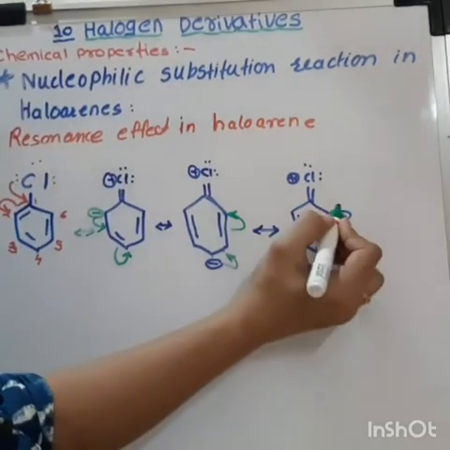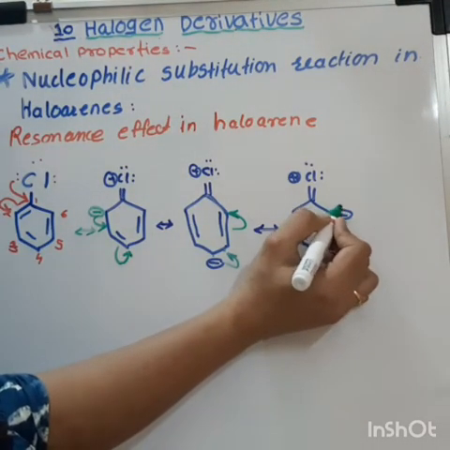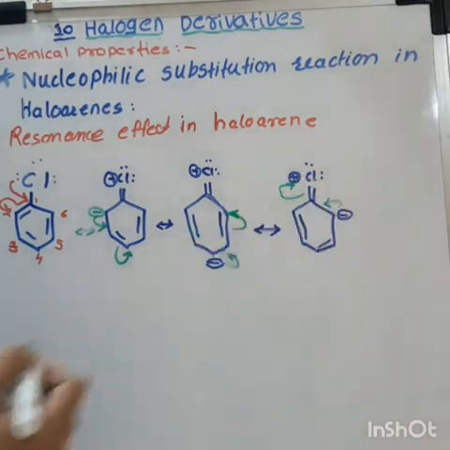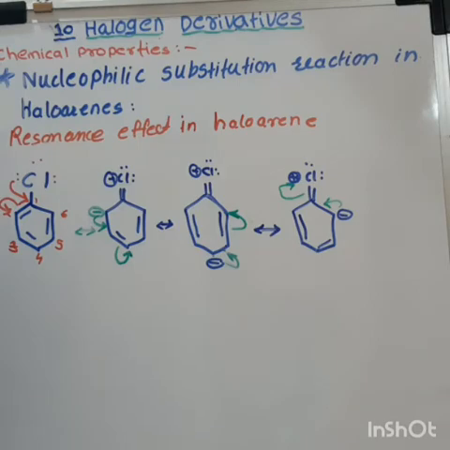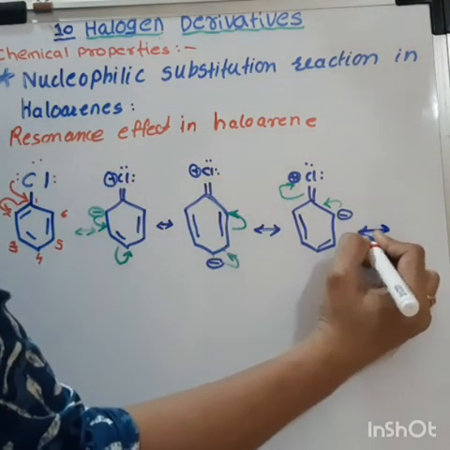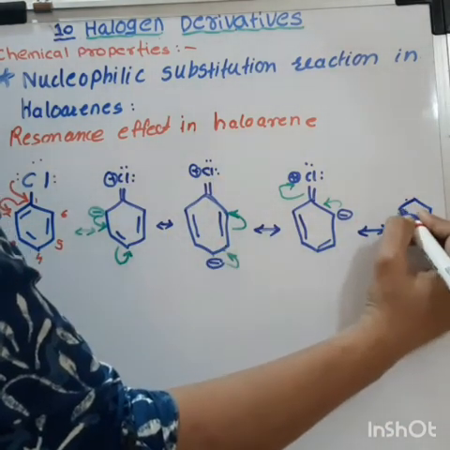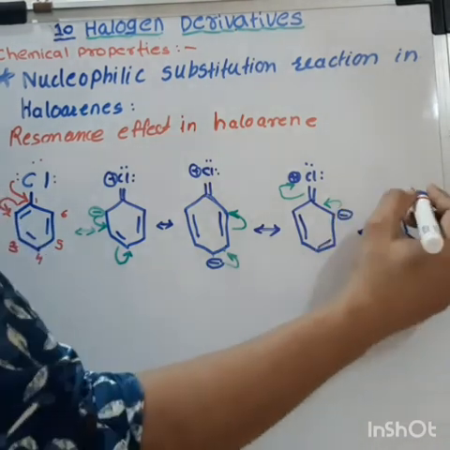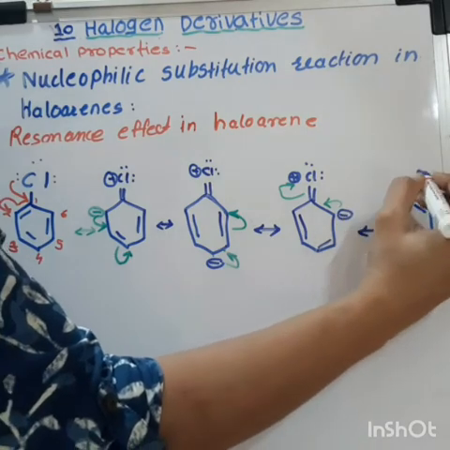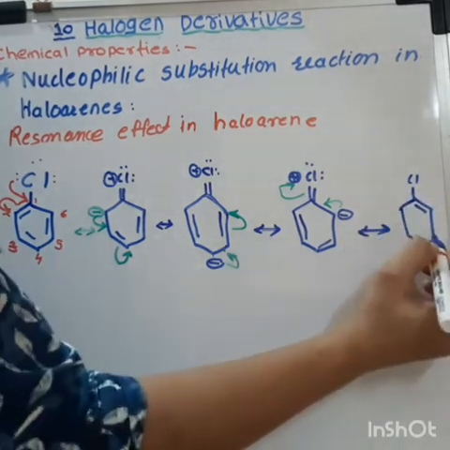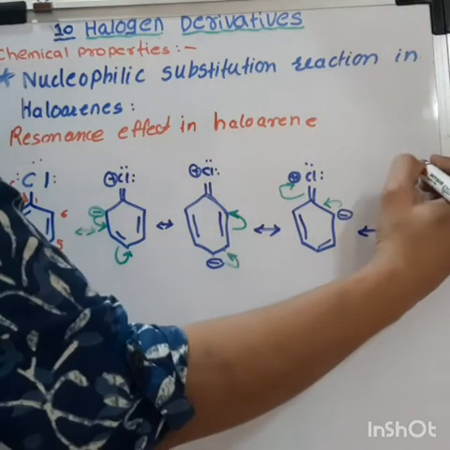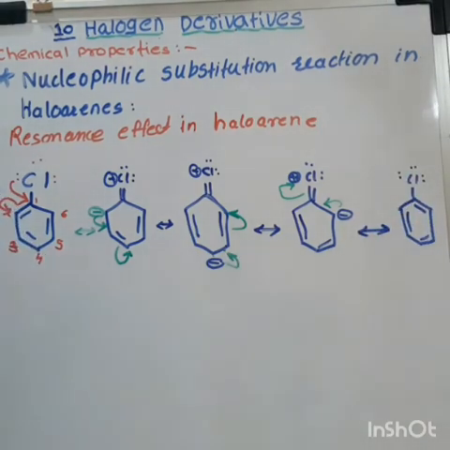Now this negative charge will be transferred to another carbon atom and the electrons will go back to chlorine again. The next resonating structure will have a double bond formation, and now there is a single bond between chlorine and carbon. There are 3 lone pairs on the chlorine atom again.